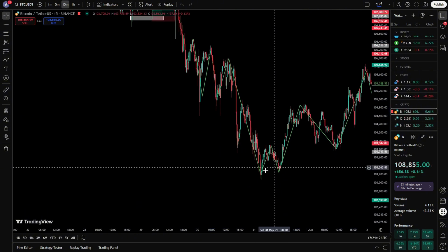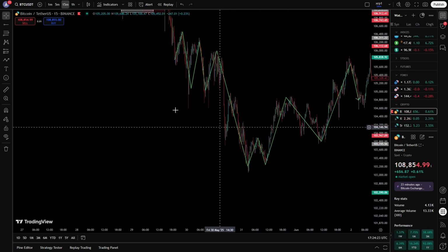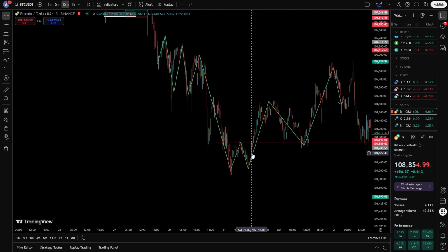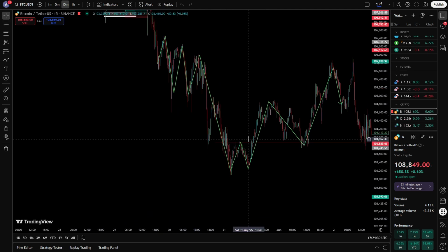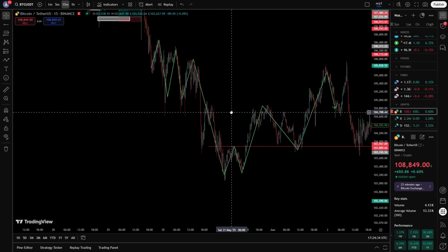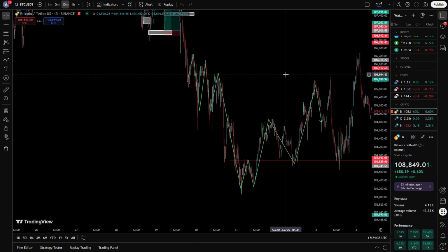So this place over here is the change of character. No, this move over here. Because it broke structure against the trend. It was a downtrend, it broke structure to the upside, so now an uptrend begins.